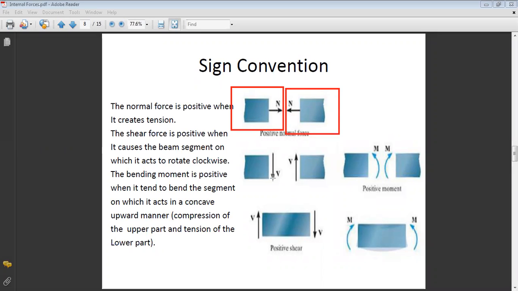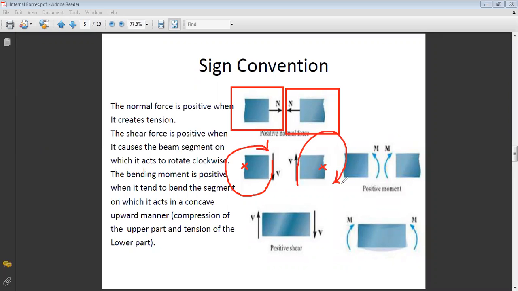And for shear, as we said, the shear tries to rotate clockwise about the extremity. So this is here the extremity. Then to rotate clockwise about this end, V should be like this. And if you take the other part, V should be upward to rotate clockwise.